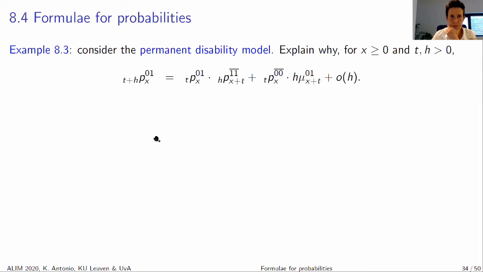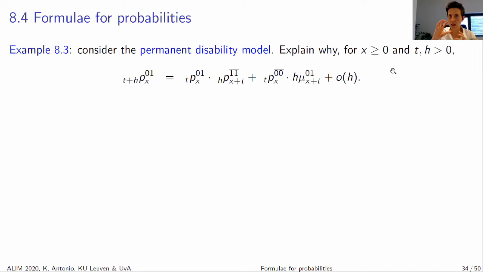Good. So let us continue, and we're going to continue with a specific example for the permanent disability model. Recall that for the permanent disability model, you have a state 0, where you are alive and healthy, a state 1, where my policyholder is disabled, and a state 2, where the policyholder died.